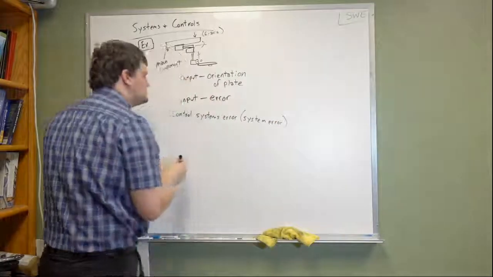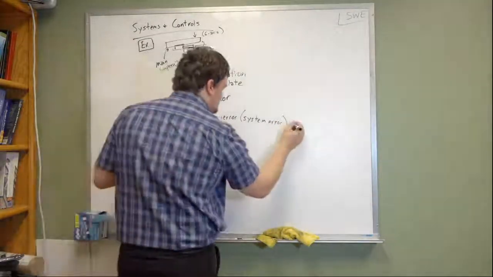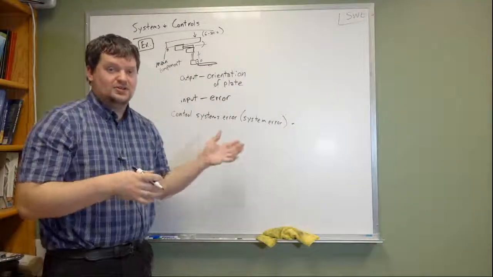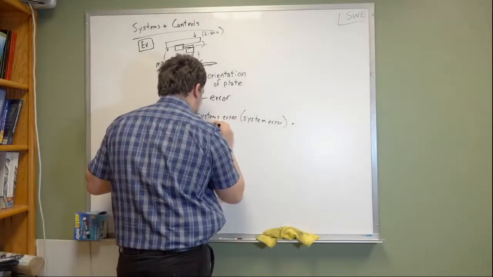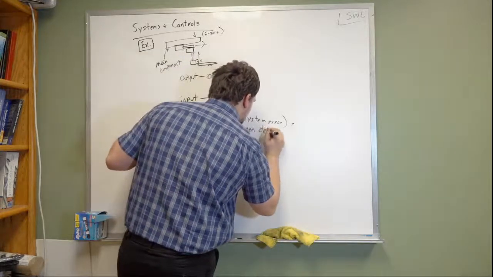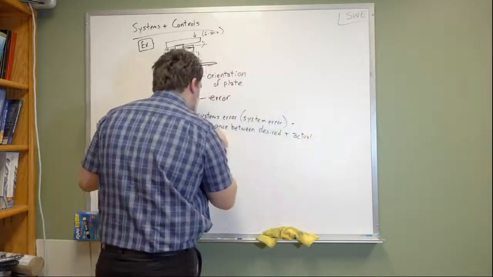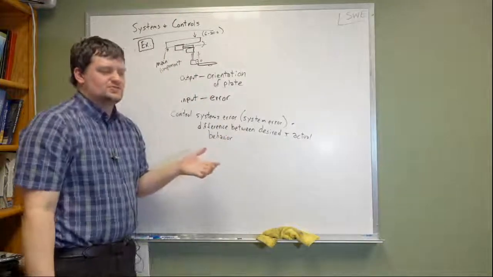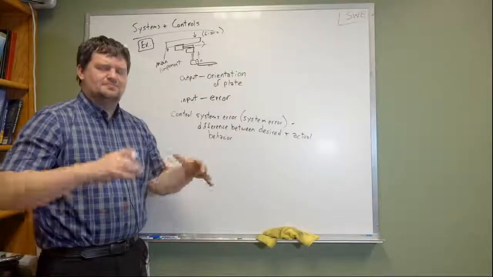A control systems error is the difference between the desired behavior, also known as the ideal behavior, and the actual behavior.